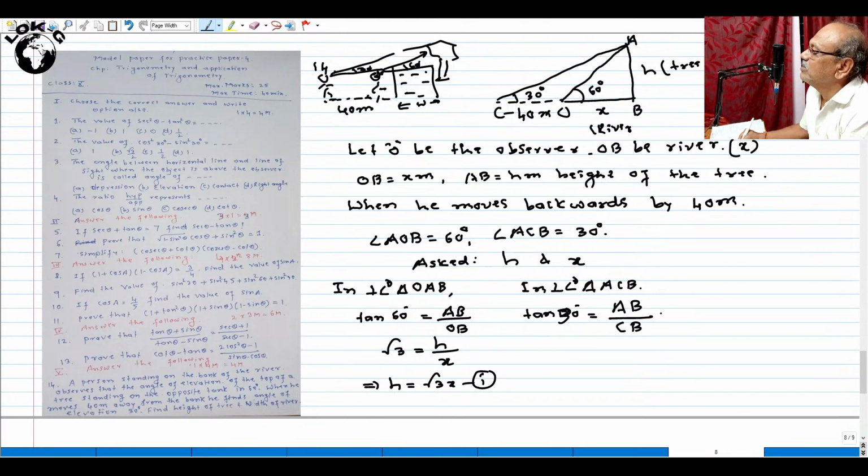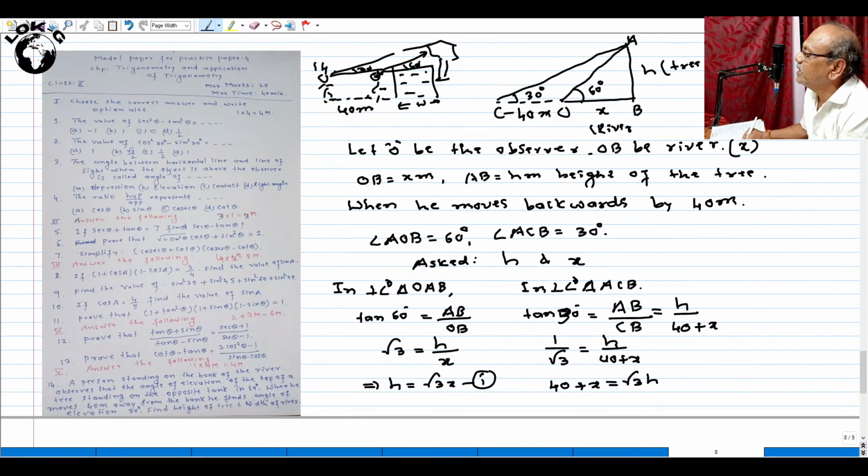Can you observe that AB is equal to H, and CB is equal to CO plus OB? CO is 40 plus X. Can I take 40 plus X? Tan 30 is 1 by root 3, equal to H upon 40 plus X. Cross multiply and simplify. You will get 40 plus X is equal to root 3 H. Call it equation number 2.